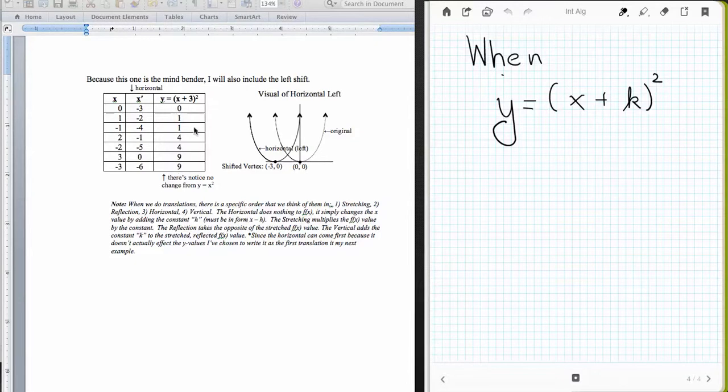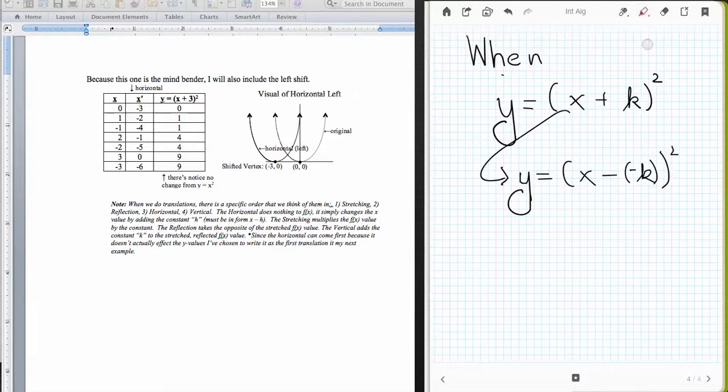We're not messing with the y's when we're doing a horizontal translation, we're messing with the x's. So here you'll see that 0 would give us 0, but it's a -3 that gives us 0. It was a 1 that gave us 1, but now it's -2, 1 minus 3. And that's because we need to be able to read this as y is equal to x minus a negative k, quantity squared.